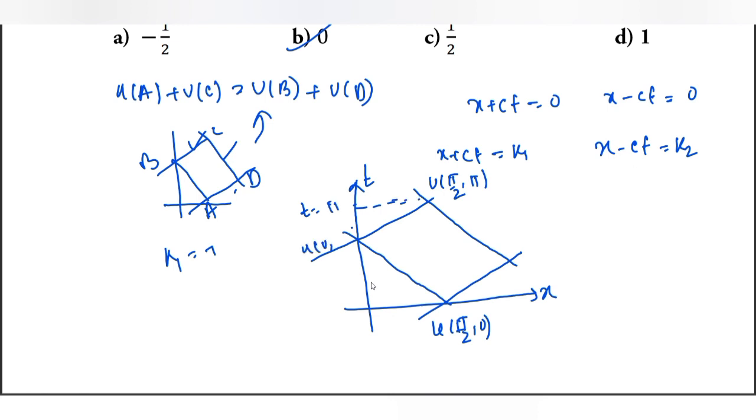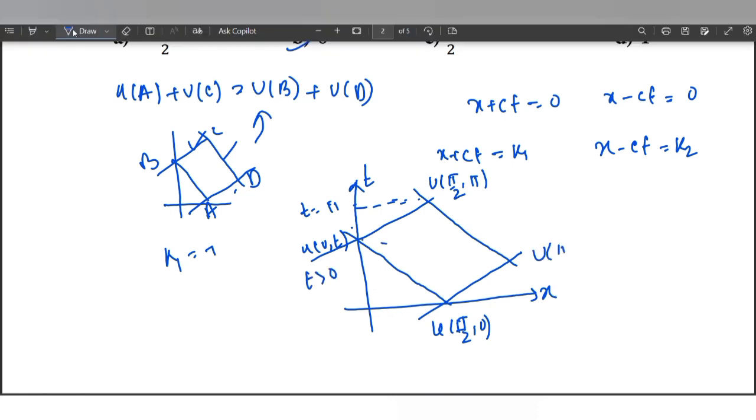This is the point u of 0 comma t, and this is the point u of pi comma t. This is x equal to pi. From this theorem we can say that u of pi by 2 comma 0 plus u of pi by 2 comma pi equal to u of 0 comma t plus u of pi comma t.